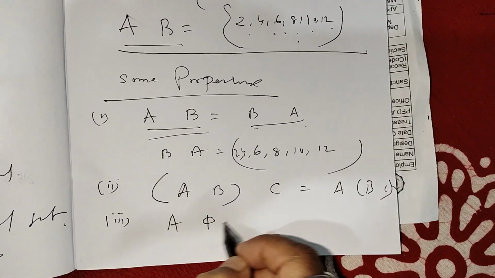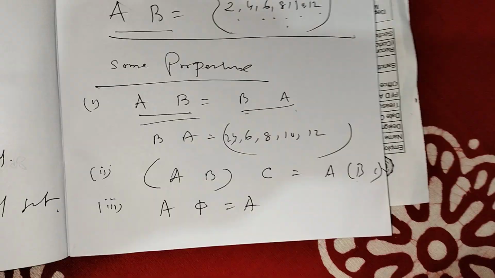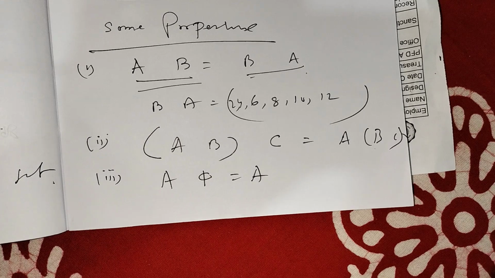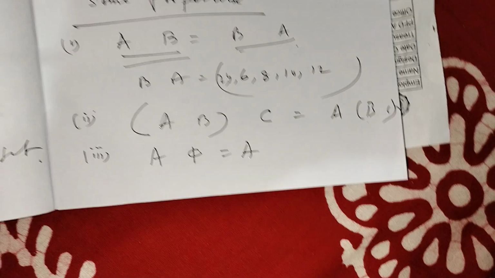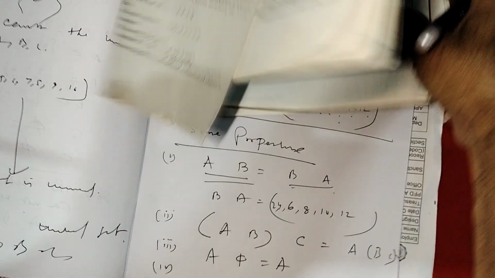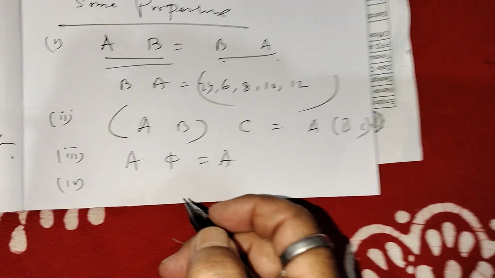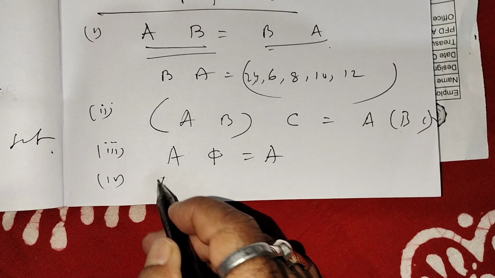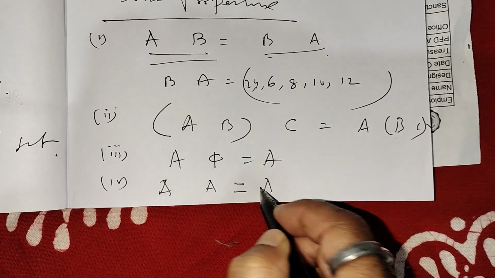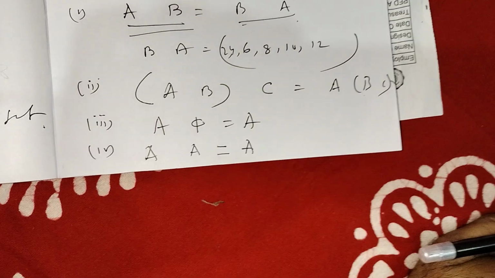Number four, A union A is equal to A. And number five, U union A is equal to U, the law of U.